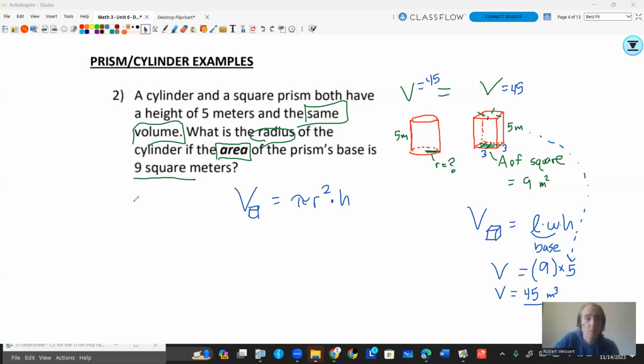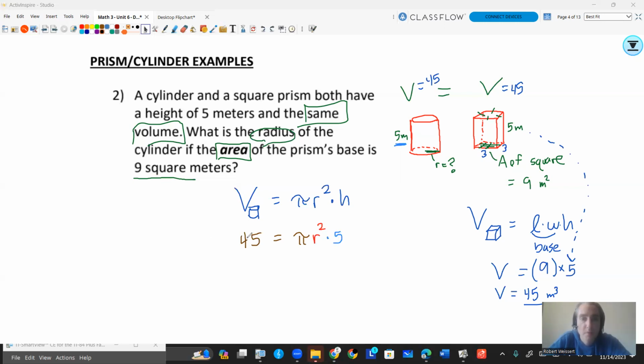Our volume is 45, so we'll substitute that in. Pi is pi, so that's just the number 3.14 repeating, with various decimals going on forever. We do not know the radius, so that's my big question mark. So I'm just going to say r squared, but we do have the height, and that height, remember, is 5.